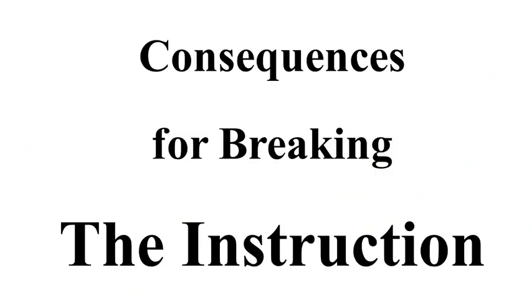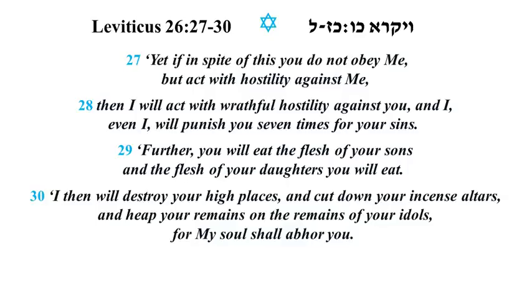So, that was the instruction. And there's consequences for breaking the instruction. Leviticus 26, starting in verse 27. Yet, if in spite of this you do not obey me, but act with hostility against me, then I will act with wrathful hostility against you, and I, even I, will punish you 7 times for your sins.